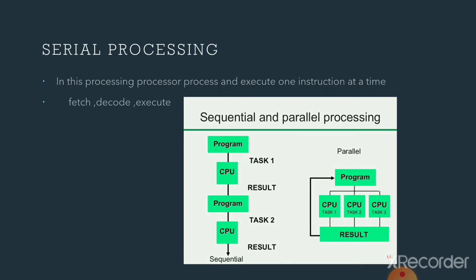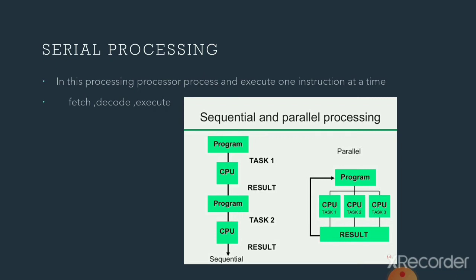These instructions are passed to the CPU, and the CPU will process those instructions as per their decoding or as per their meaning. Then some results will be obtained and again given to memory or some output device.